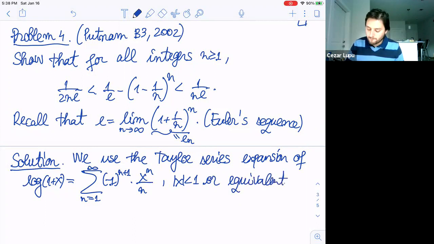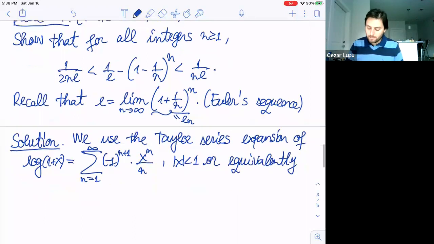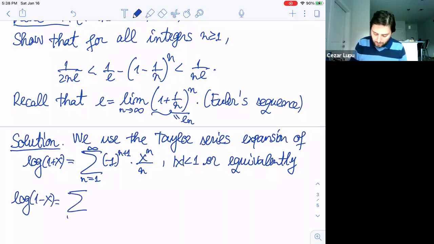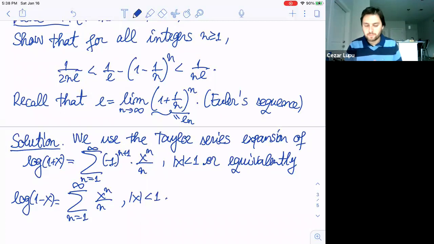Equivalently, log of 1 minus x is negative the sum of n equals 1 to infinity of x to the n over n, right? Again, for x less than 1.